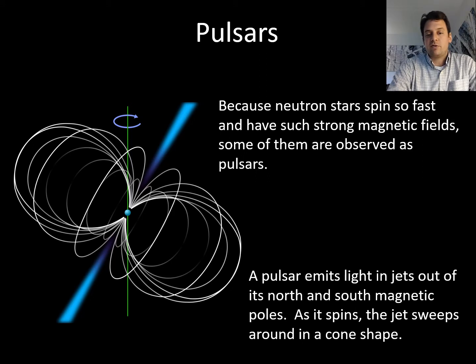But some neutron stars will happen to be rotating in such a way that the jets are pointed towards Earth. And when that light cone sweeps out that conical shape and the light happens to be pointed at Earth, we can observe that signal. And so we will observe a periodic signal or a pulse, such that every time it rotates, we'll see a flash.